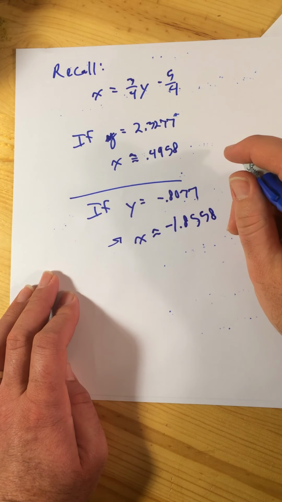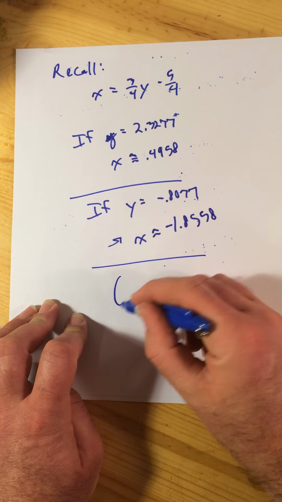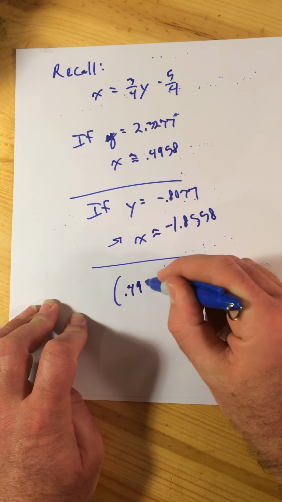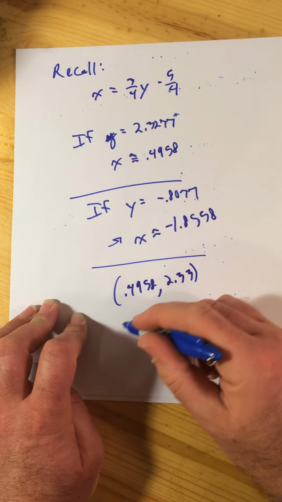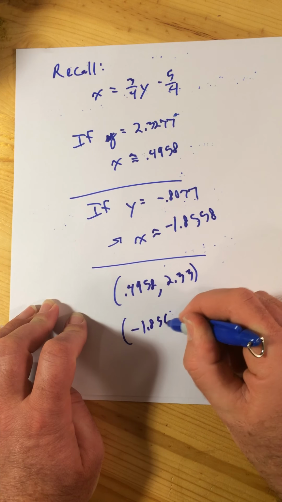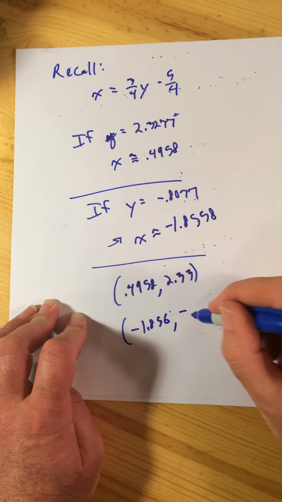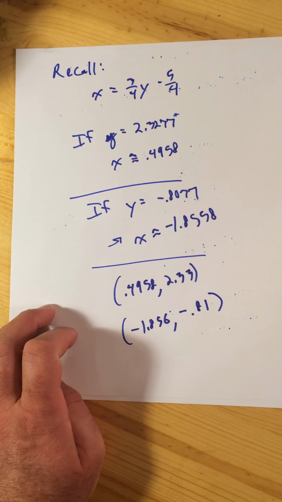So what does that mean my two ordered pairs are? It says that one of them should be approximately 0.4958, 2.33, and the other one should be approximately negative 1.856 and negative 0.81.